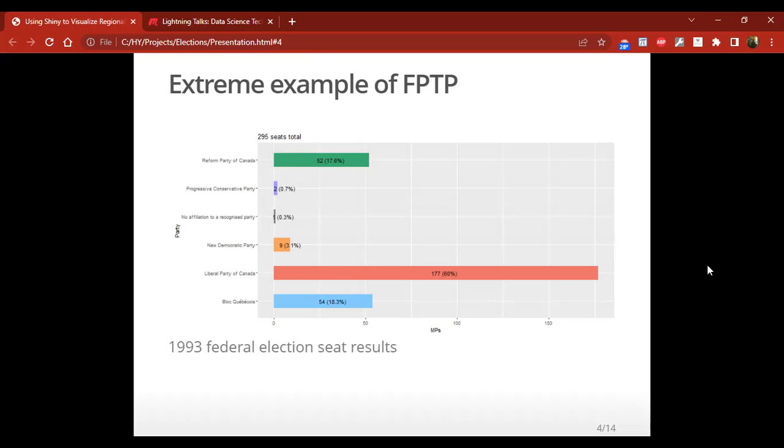But that doesn't give an accurate picture of what happened within the popular vote. And as you can see here, the Bloc Québécois, which still only runs candidates in Quebec because of its namesake, got nearly 50 seats in the House of Commons that year.